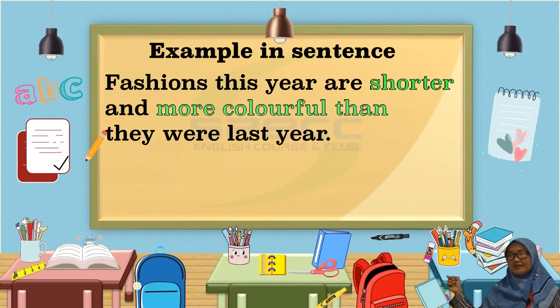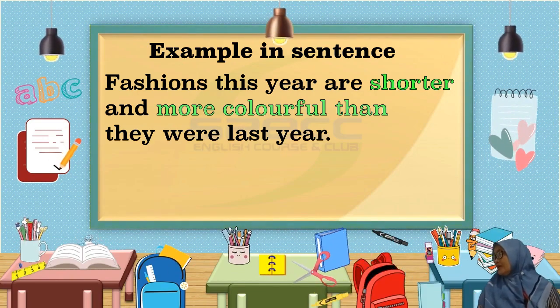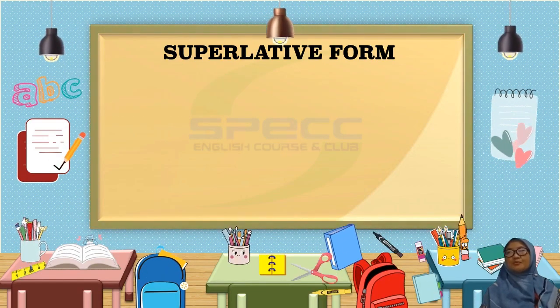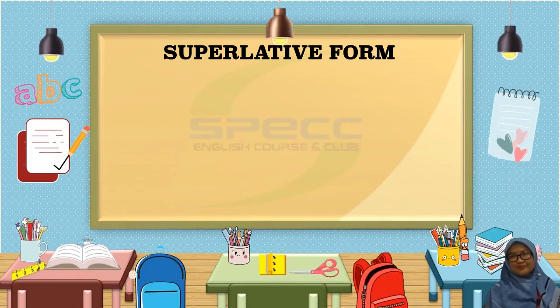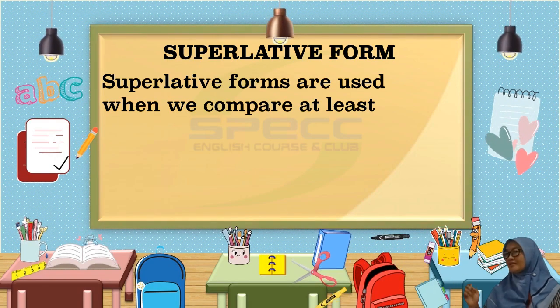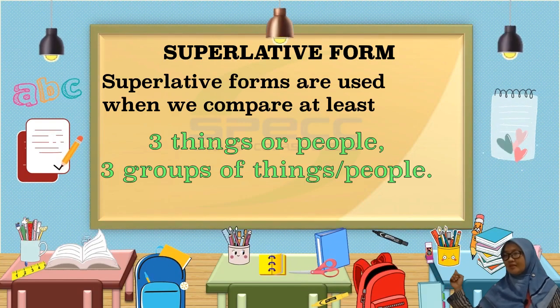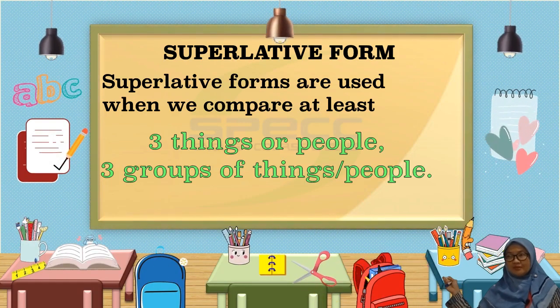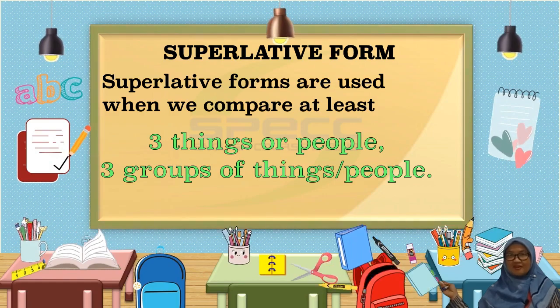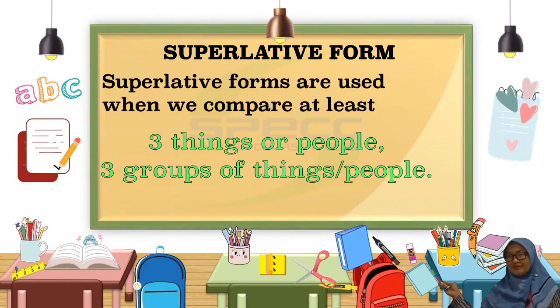Now, let's go to the superlative form. We use the superlative form when we compare at least three things or three people, three groups of things or three groups of people.